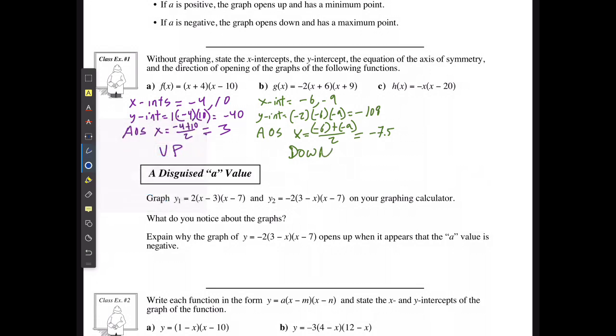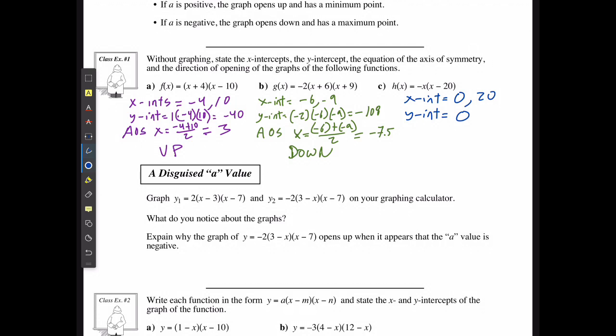And for the last example, the x-intercepts are going to occur at 0 for m and 20 for n. The y-intercept is going to be -1 times 0 times 20, but any time that I multiply any set of values and one of them is 0, it's just going to wind up being 0.